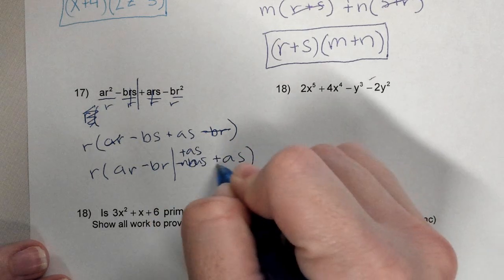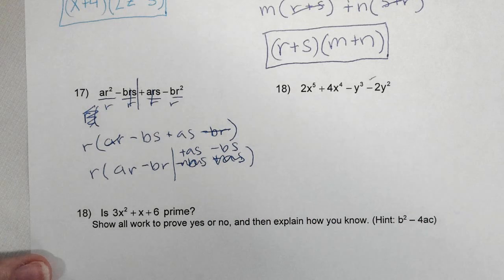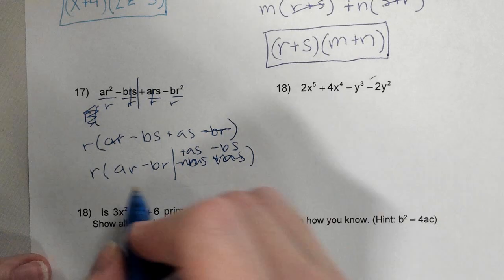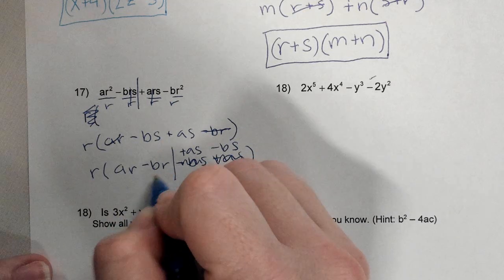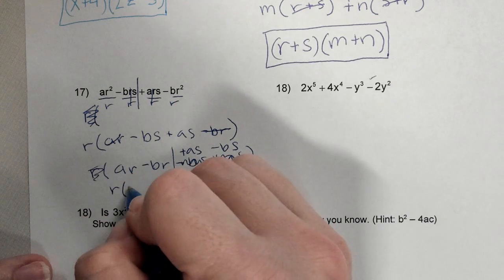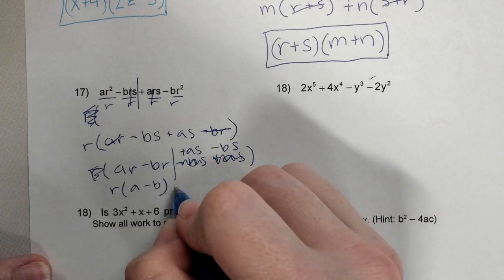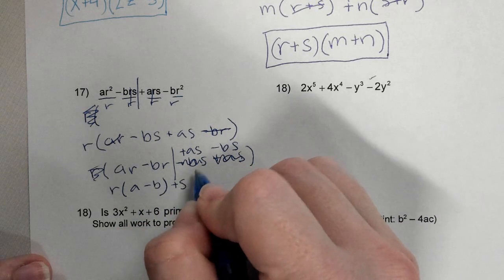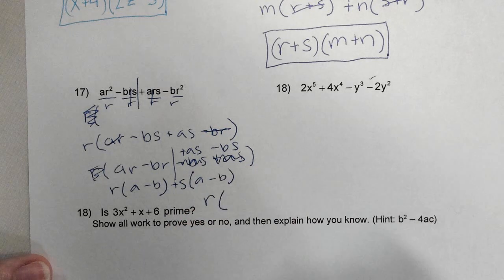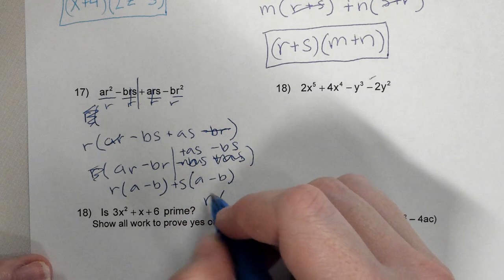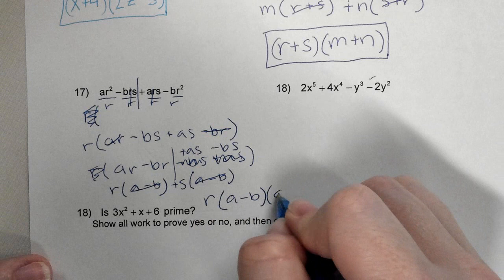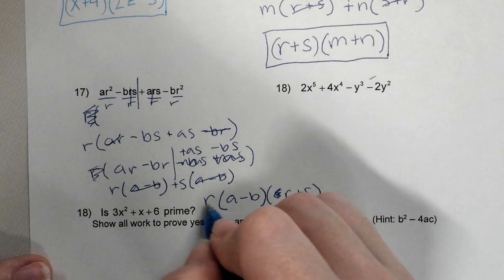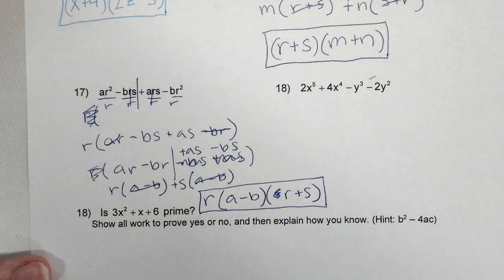Plus AS minus BS. So that way my AB are in order. So here, I'm going to bring my R over here. I have another R in common, so when I take that out, I'm left with A minus B. Here I have an S in common. When I take that out, I'm left with A minus B. So I have A minus B, that matches. And when I take that out, I'm left with R plus S. Sorry, that was kind of a messy one.